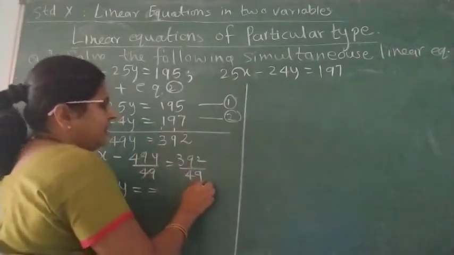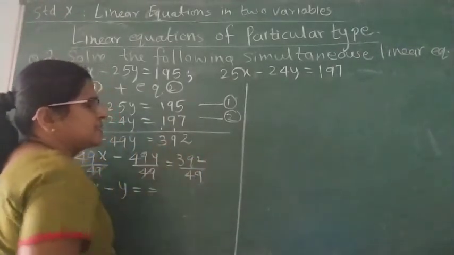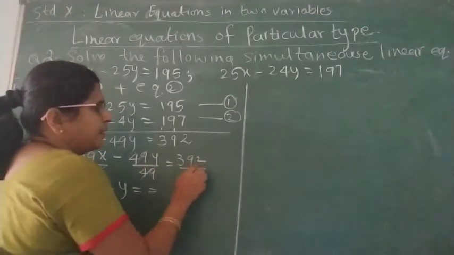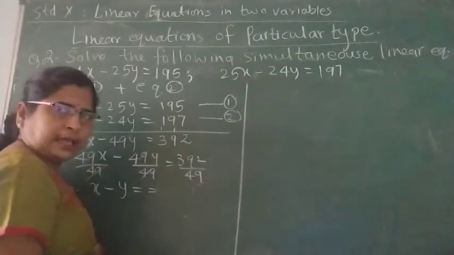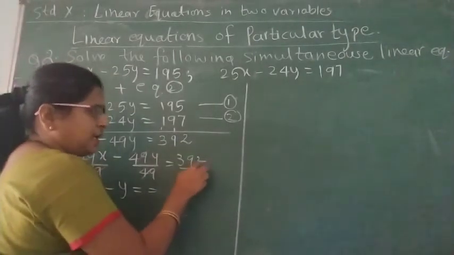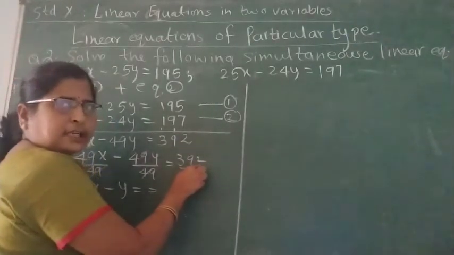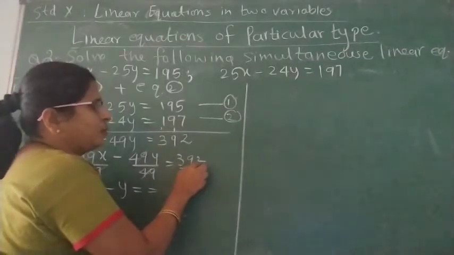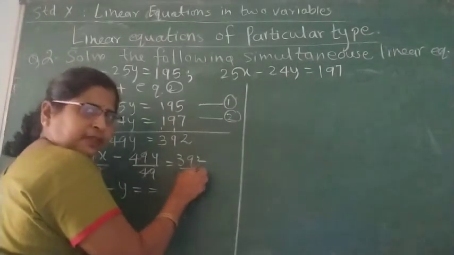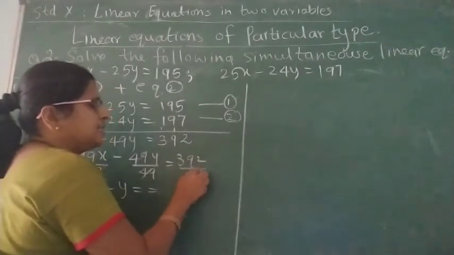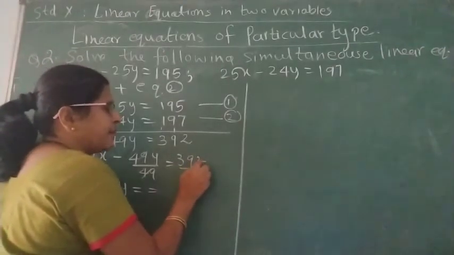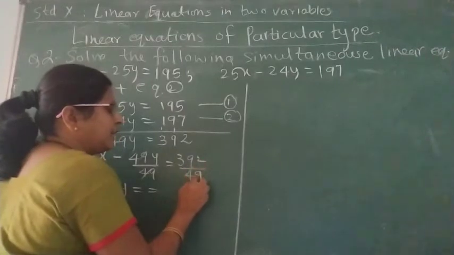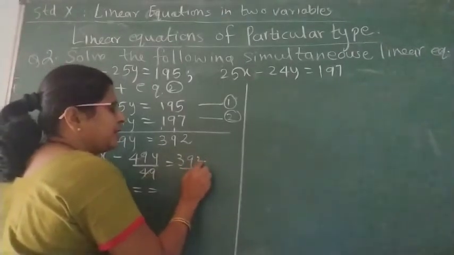In the table of 9, where do we get this 2? As this number is less than 490, the answer is going to be less than 10. So 9 ones are 9, 9 twos are 18, 9 threes are 27. This is not 2. 9 fours are 36, 9 fives are 45, 9 sixes are 54, 9 sevens are 63, 9 eights are 72.